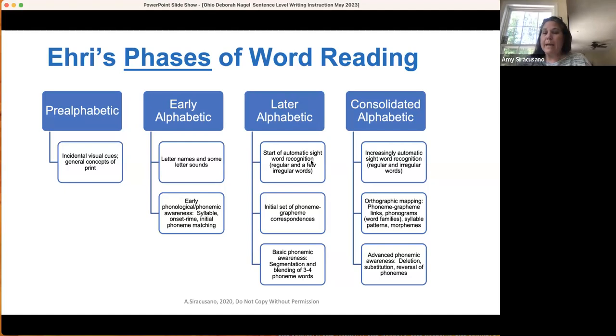Later alphabetic, or somewhere in between, might be beginning sounds, moving into beginning sound and ending sound. And then consolidated might be accurate, or it might be beginning sound, a vowel sound, and an ending sound, right? So if you think about this approach in terms of points of entry, that's what we're looking for, okay?